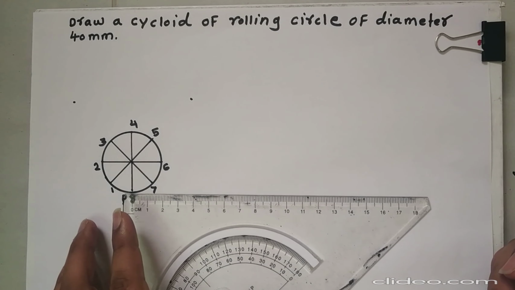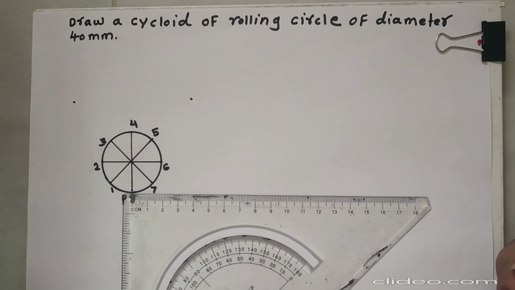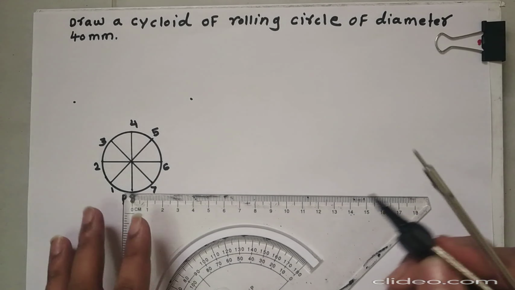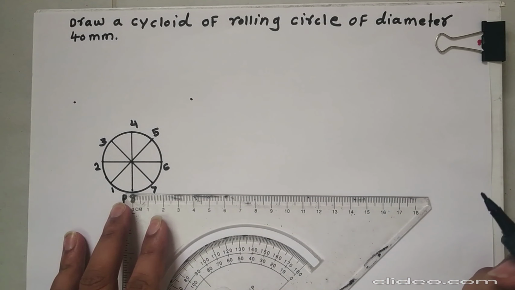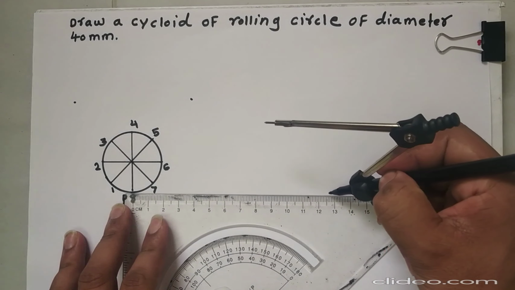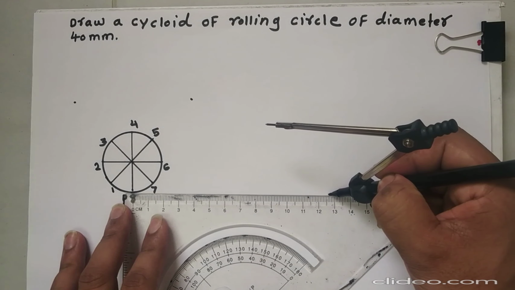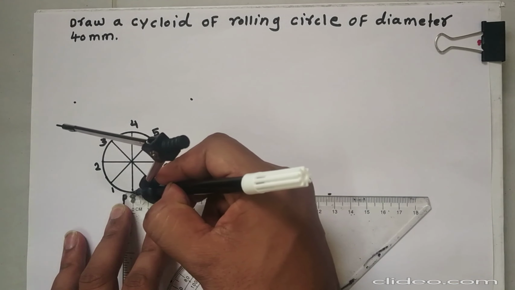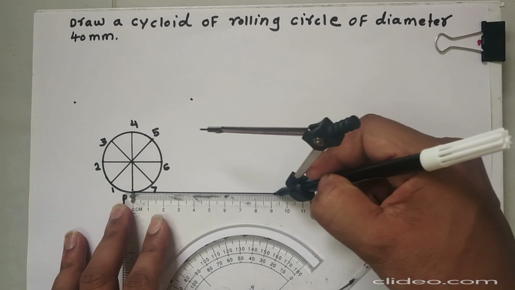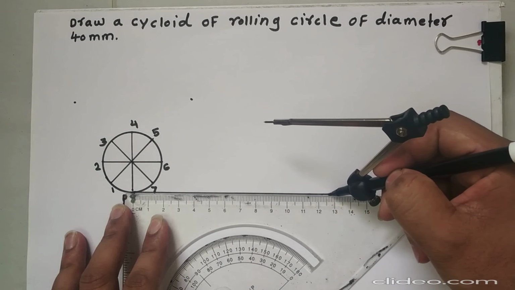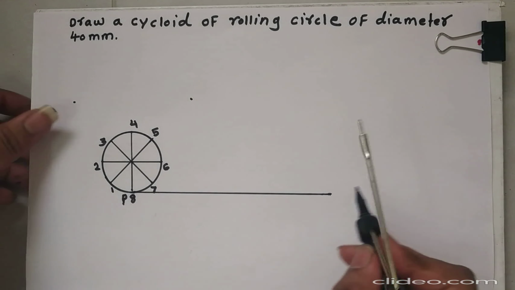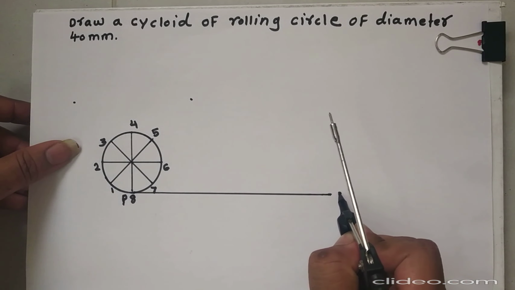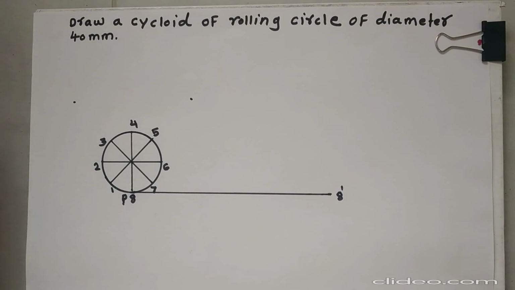If you calculate pi d, that distance is equal to 125.6. Take the distance 125.6 from the point P and draw a straight horizontal line. This line is called the directing line. Name this point 8 dash.